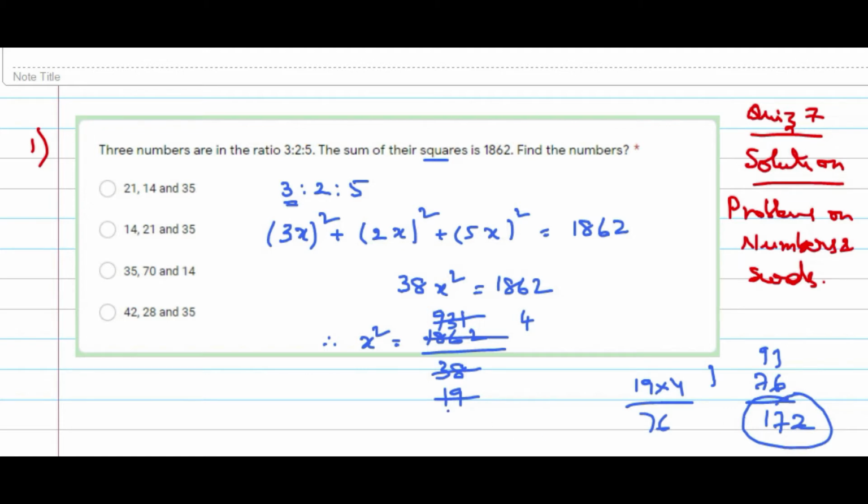And this will go in 38 nine times. So it is 49. Therefore x is equal to 7.